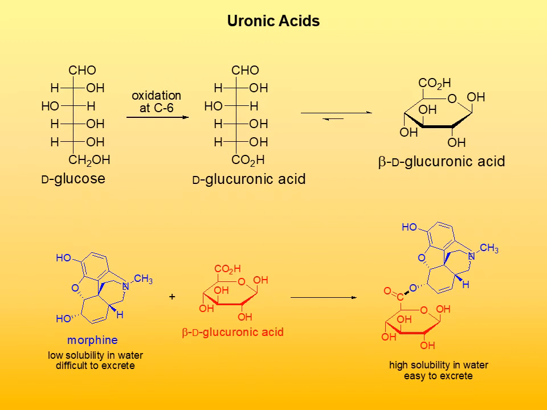On the other hand, because of the presence of numerous hydroxyl groups, any small molecule attached to glucose or another monosaccharide is going to be highly soluble in water. So in this example, morphine reacts with glucuronic acid to form a new ester bond between the hydroxyl group of morphine and the newly formed carboxyl group of glucuronic acid, and that ester is highly soluble in water and easy to excrete.